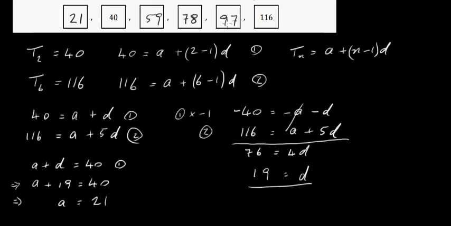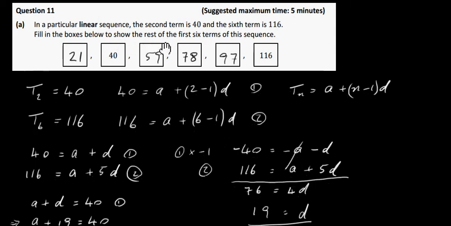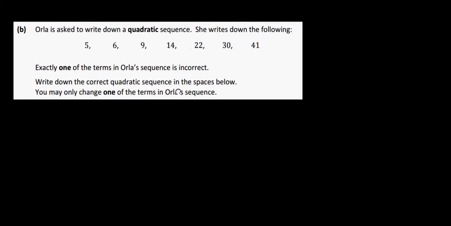And if you add 19 to 97, you do get 116 as well. So okay, that seems to work. So that's our completed sequence, I should say. Fill in the box below to show the rest of the 6 terms in this sequence. So we've done that.